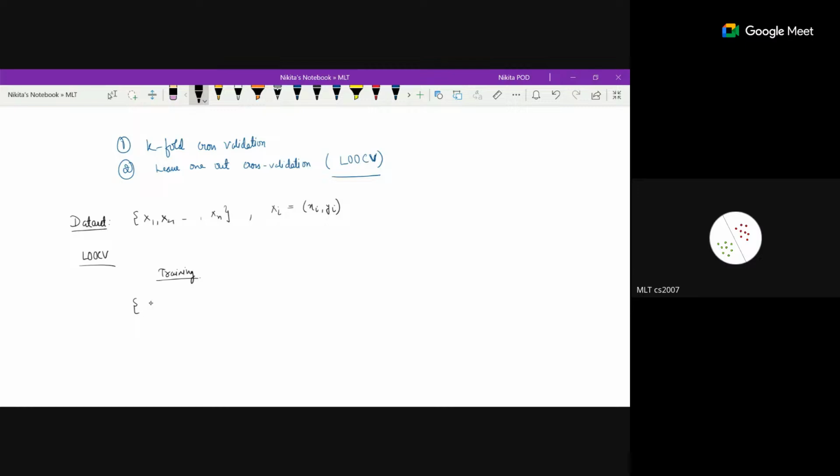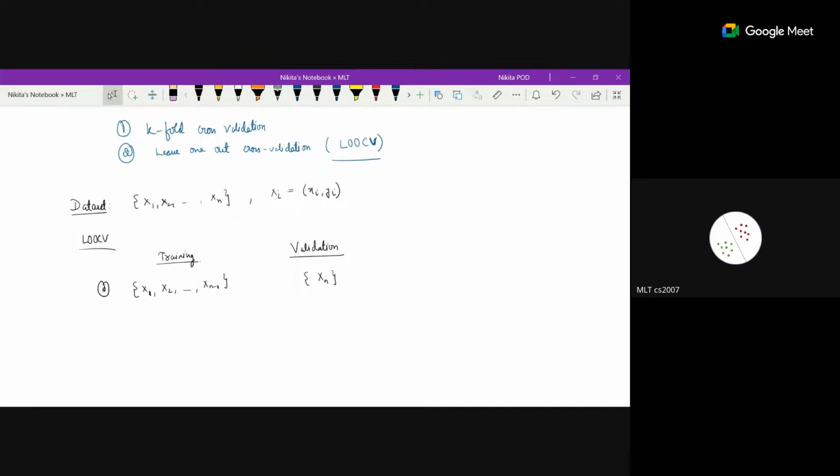So maybe in the first case, we are going to use x1, x2, and so on till xn minus 1 in the training. And for the validation, we are going to use whatever we have left, right? So in the first case, we have left xn, so this is what we're going to use for validation.